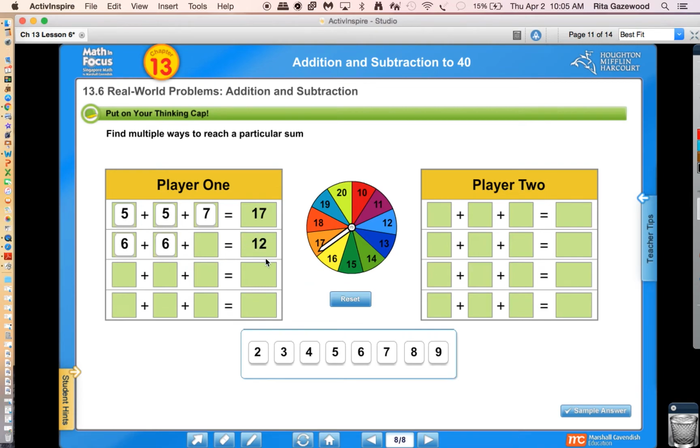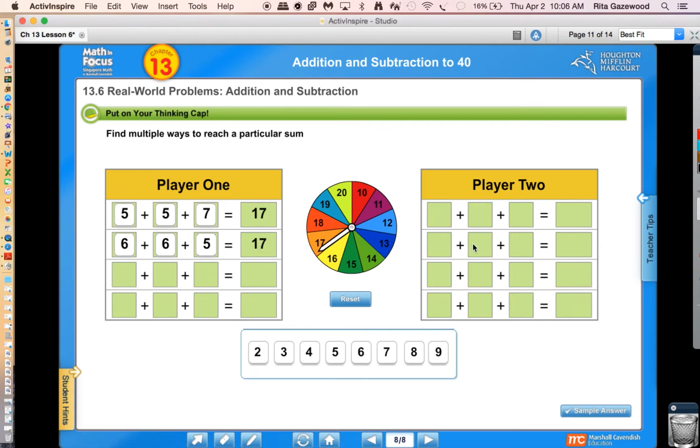What do I have to add to 12 to get to 17? I'm going to grab my 12 and count up. 12, 13, 14, 15, 16, 17. Did you get the same answer as I did? Right. 6 plus 6 plus 5 equals 17.